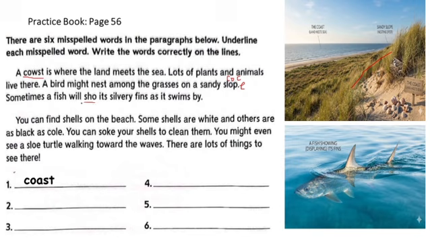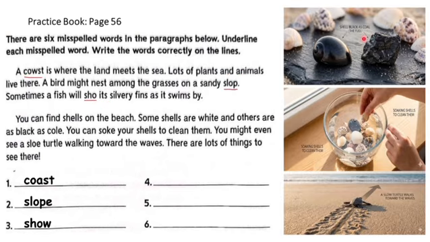Show. Excellent. Show. Do we write show like this? No. It should be what? It ends with O-W. So let's see, how do we write show? We write show like this. Now we are done with the first paragraph. There are 3 misspelled words. We still have 3.